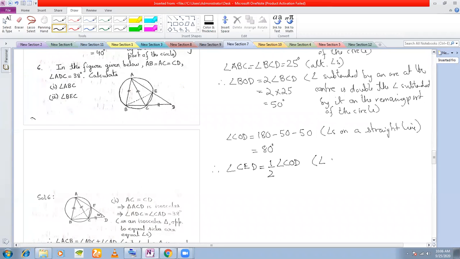Reason same: angle subtended by an arc at the center is double the angle subtended by it on the remaining part of the circle.